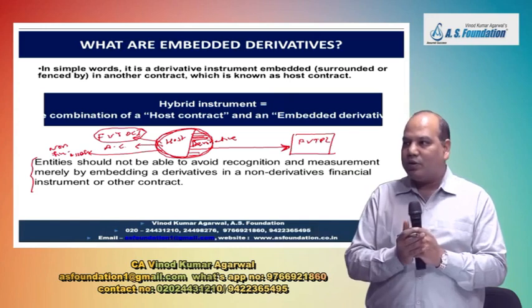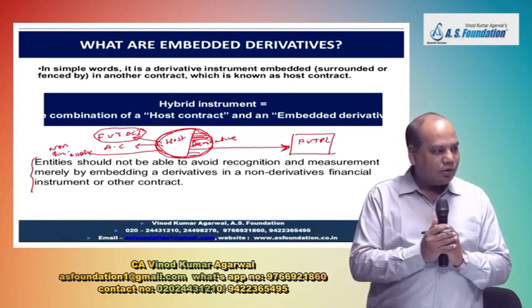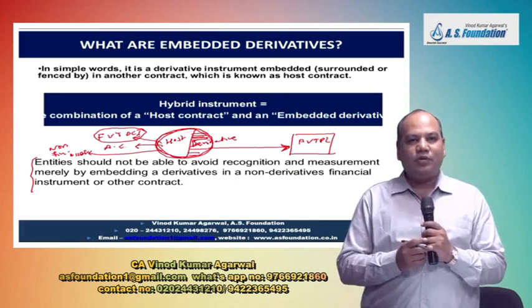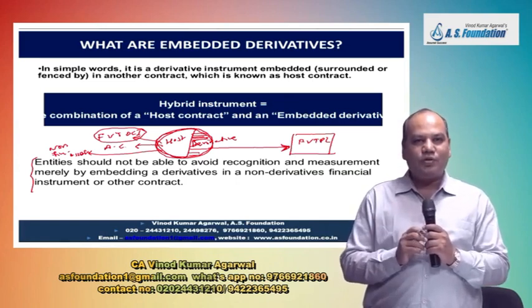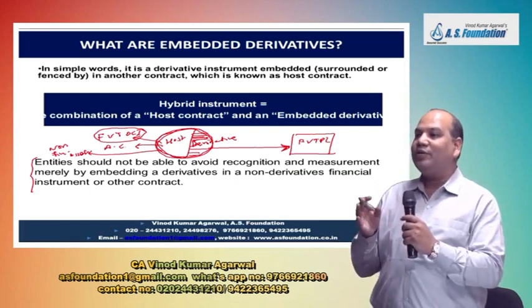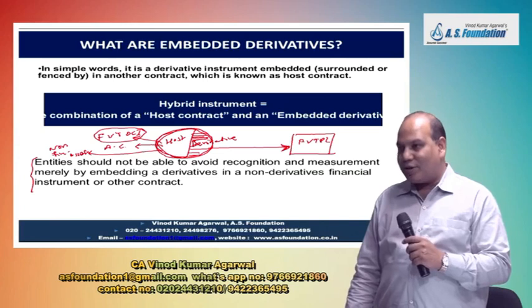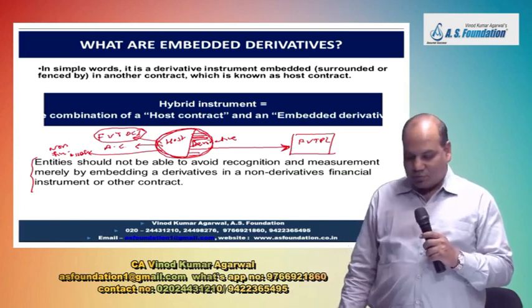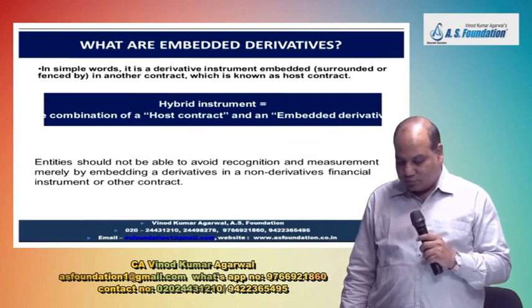They can merge it with another instrument and can avoid FVTPL accounting. Standard says no, you can't do that. Remove derivative. Account derivative like a derivative and account the remaining instrument depending upon their classification or their category of asset.